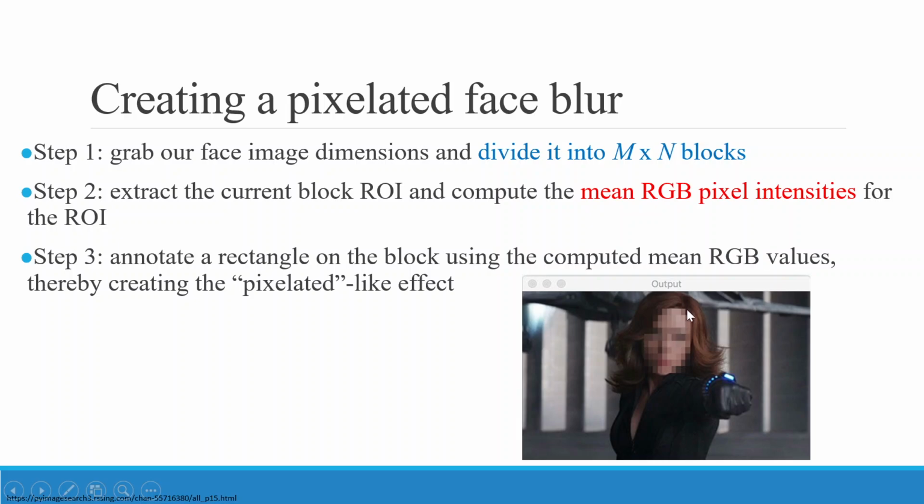For each block, we will calculate the mean RGB value for this block, and then we replace the original value by this mean value. So finally, you will see the result is like this, the pixelization result.